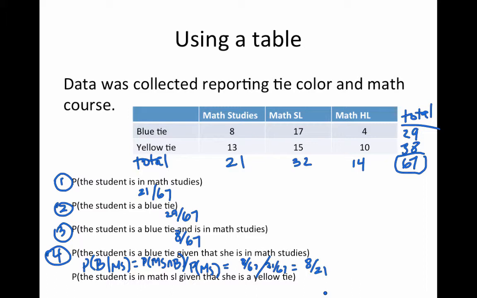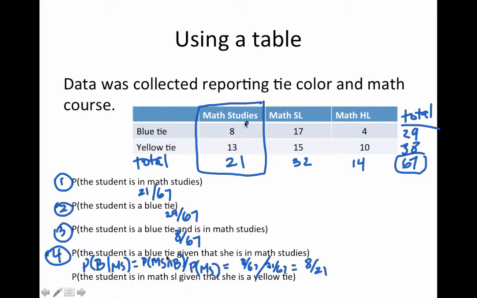But there's another way to find the given probability if you're given a table. To find the probability that a student is a blue tie, given that she's in math studies, you only look at the math studies column. You only look at the event that already happened. So the math studies already happened.